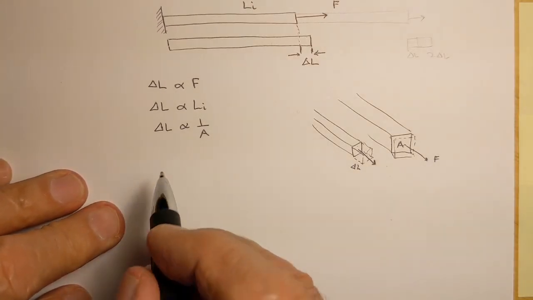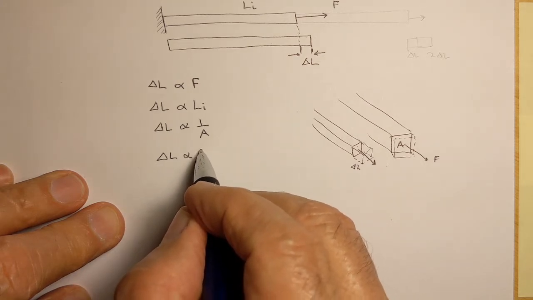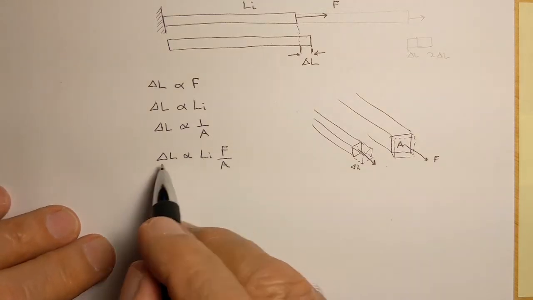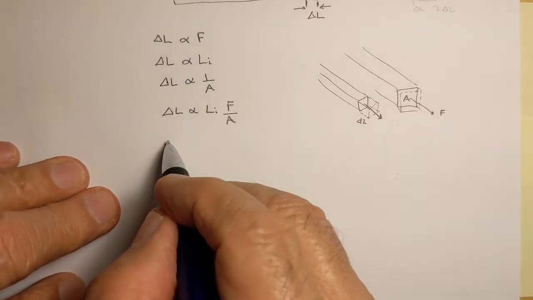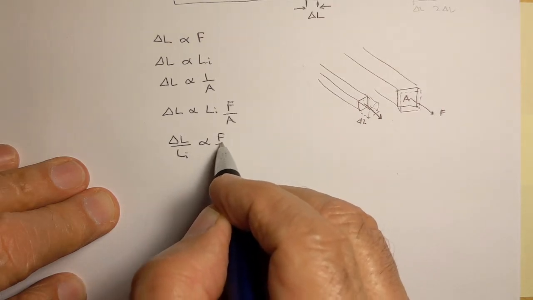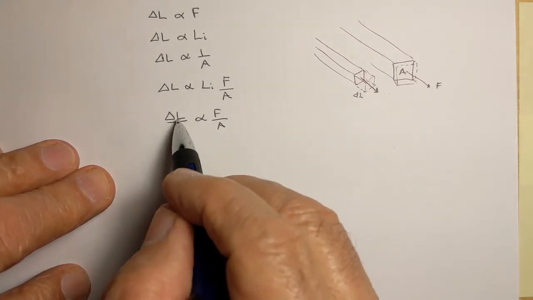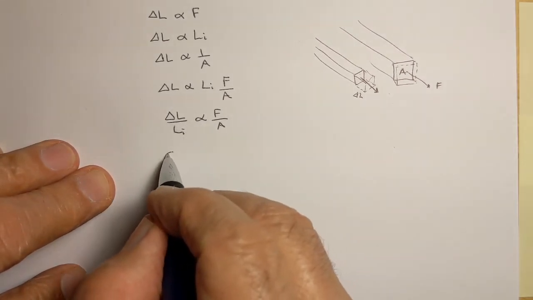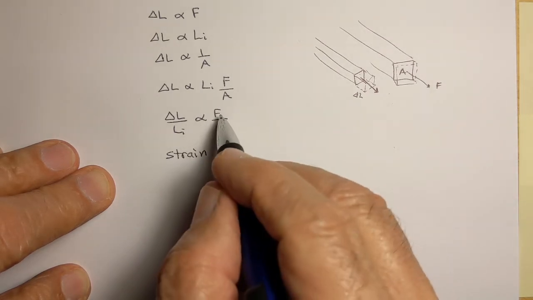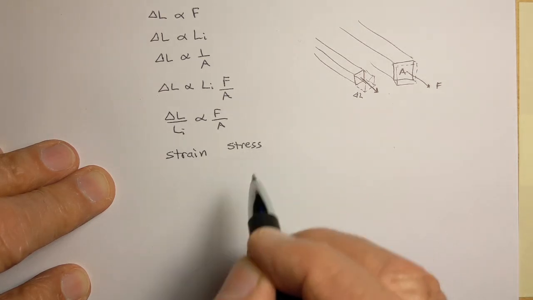Now if we combine all three together, we could say that delta L is proportional to Li, F, and 1 over A. If we bring the Li to the other side, we can say that delta L over Li is proportional to F over A. This fractional increase in length is called the strain, and the force per unit area is called the stress.